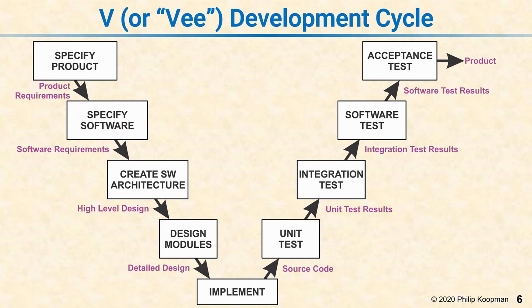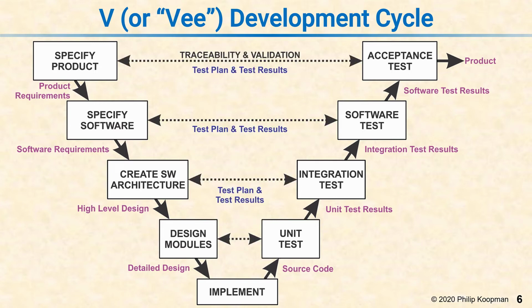Now the piece that's missing are some arrows that go back and forth that explain how these things relate to each other. So for example, on the upper left, there's a specify the product, and that goes to the acceptance test. In other words, when you're done with a product spec, you create a test plan, and that test plan ties to acceptance test, and the acceptance test is supposed to test what's in the product spec.